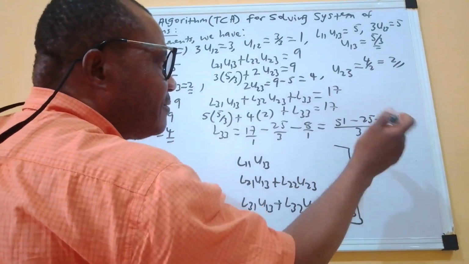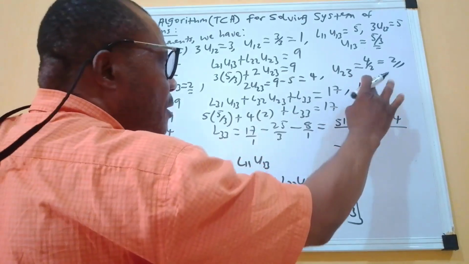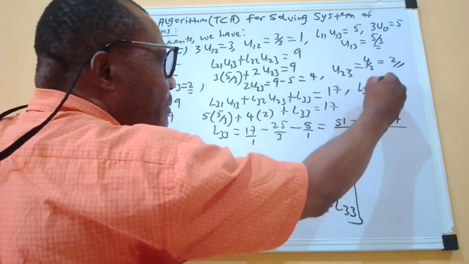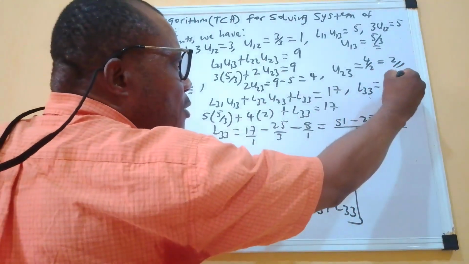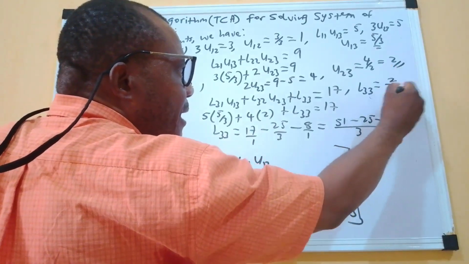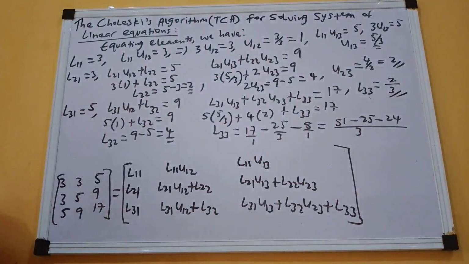So this implies that our L33 will be equal to 51 minus 49 is 2. That will be 2 all over 3. That is what you are going to have. So beloved, you can see that we have been able to get values for the L's and for the U's.